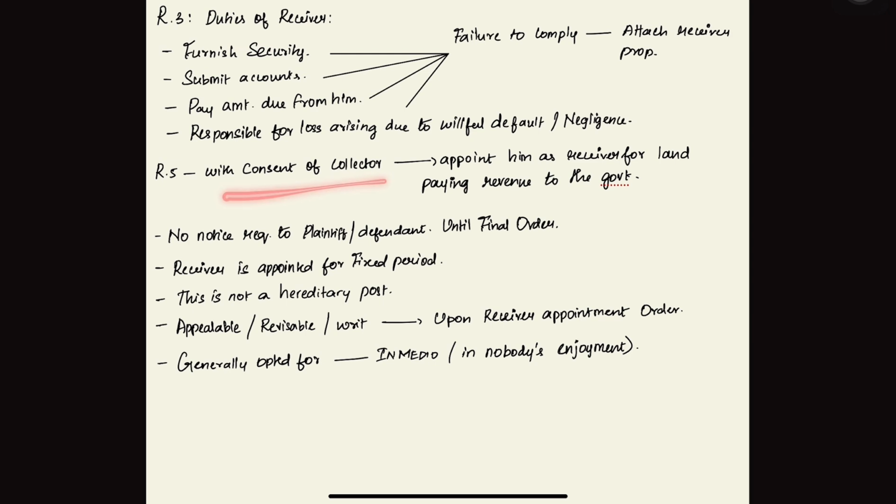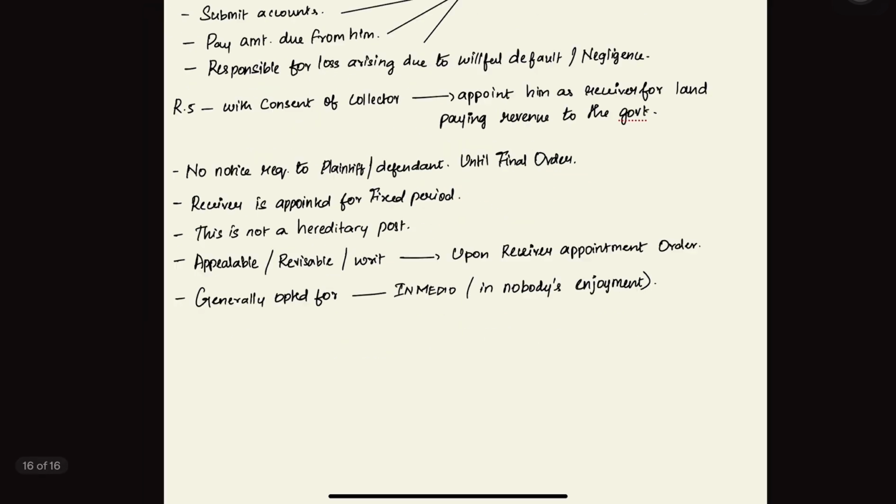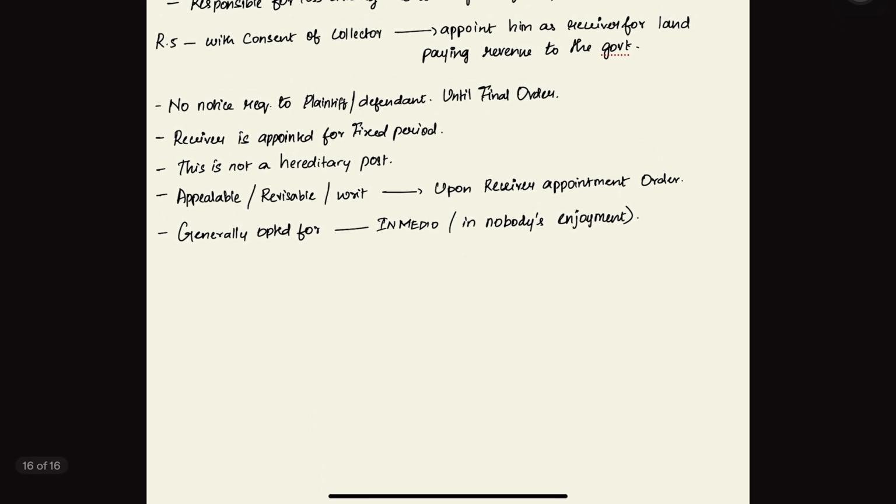Rule 5 deals with the consent of the collector. The court may appoint a collector, upon his consent, as a receiver for land that is paying revenue to the government.